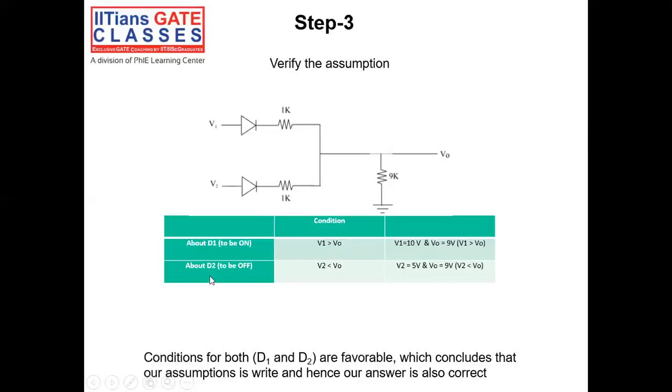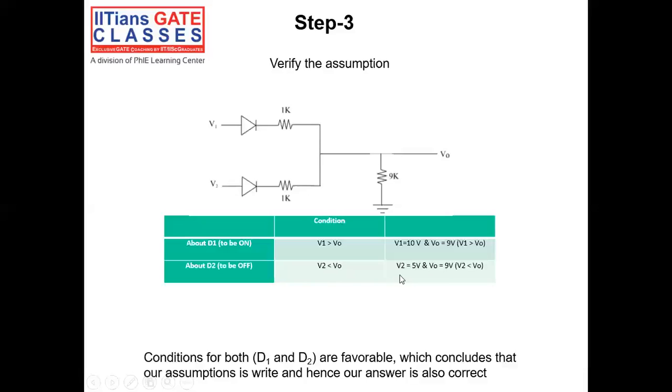Now we will see for D2. We assumed that D2 will be off, right? What is the condition for D2 to be off? V2 should be less than V0. Why? Because if D2 has to be on, the anode potential should be greater than the cathode potential. Now we will see, are we really meeting this condition or not?